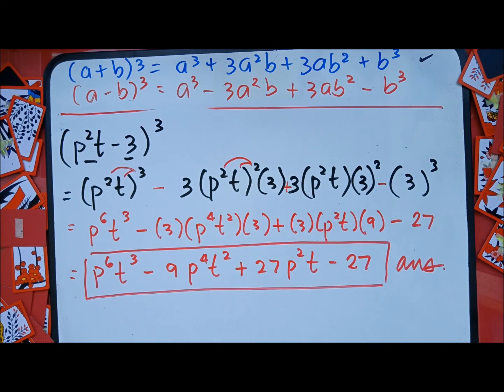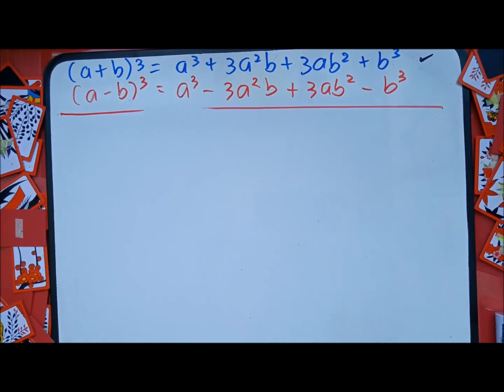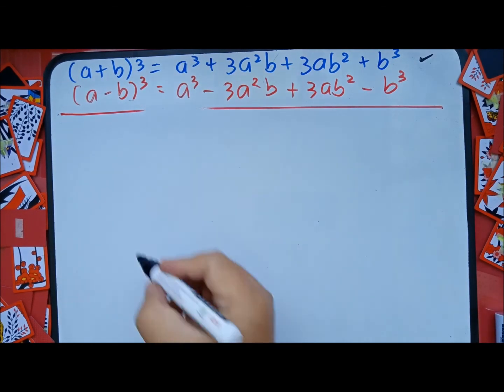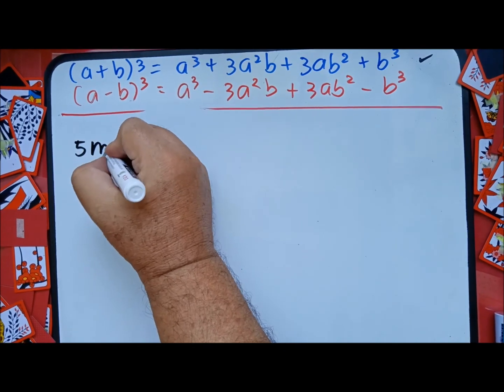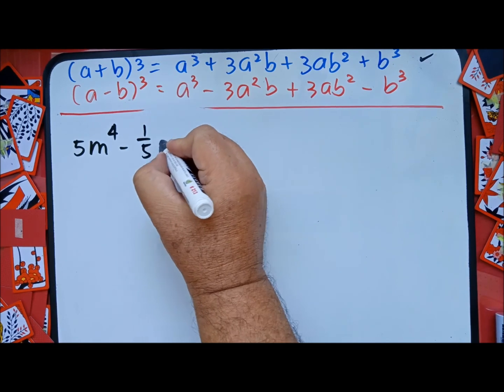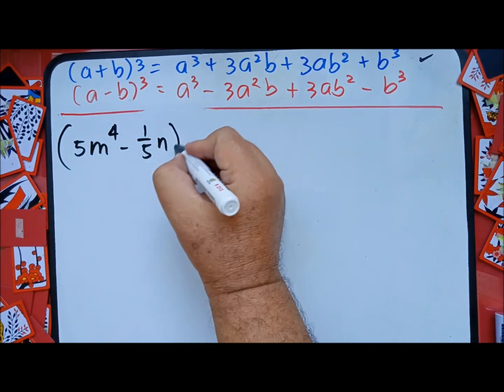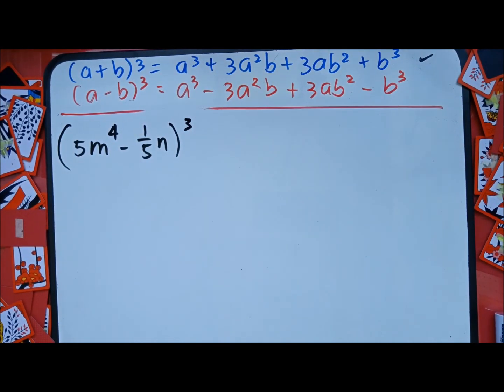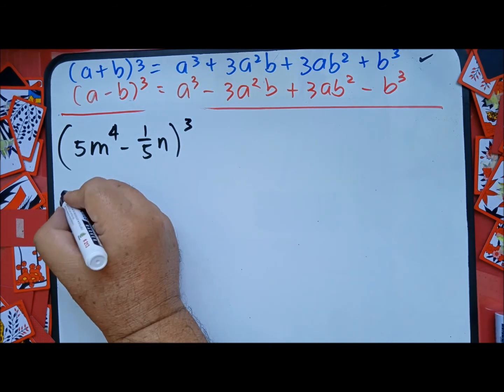Okay? Next, I'll give you another one: 5m to the 4th power minus 1/5 n cubed. Let's try this.